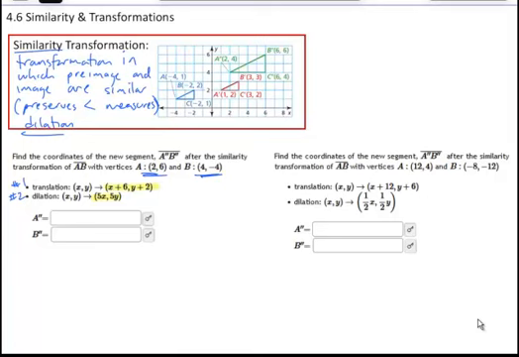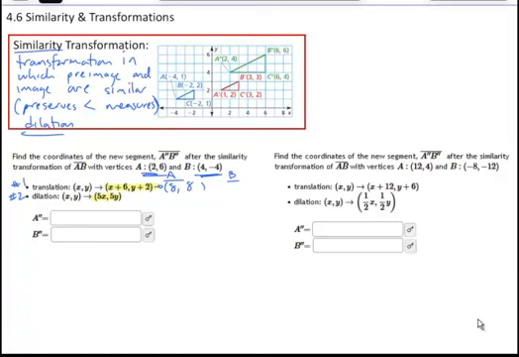So if we look at point A and point B here, point A starts at 2, 6. When we apply this shifting, the translation, what's the new set of coordinates going to be for A? 2 plus 6, which is 8. 6 plus 2, which is also 8. So that's the first step of that transformation.